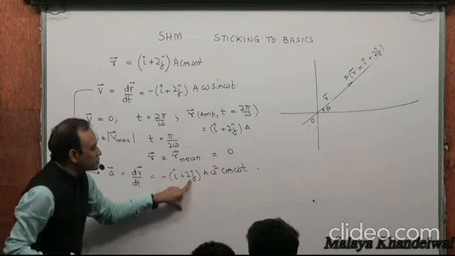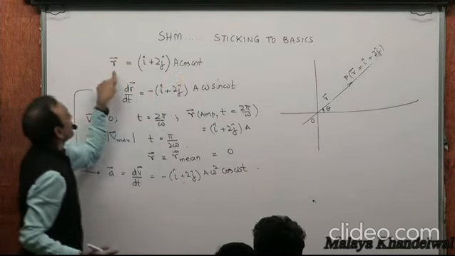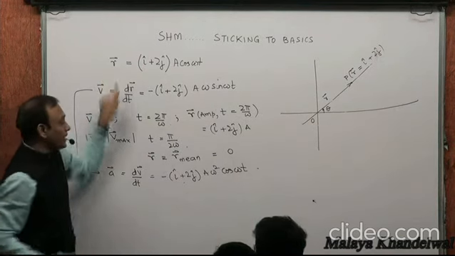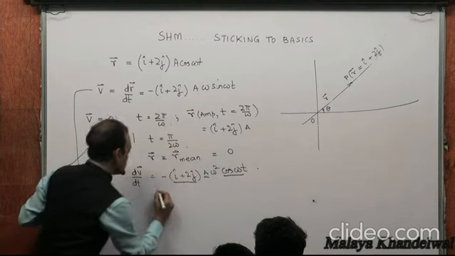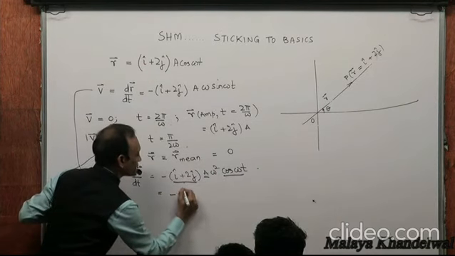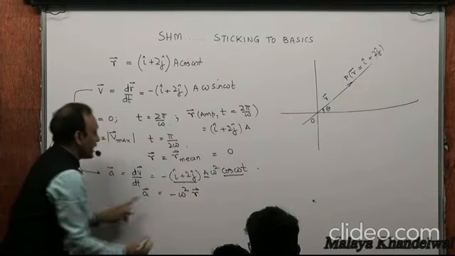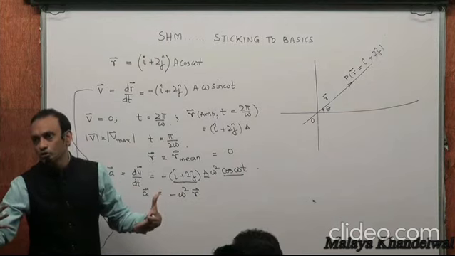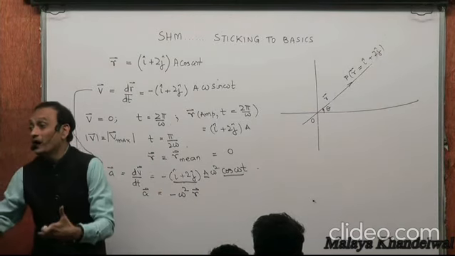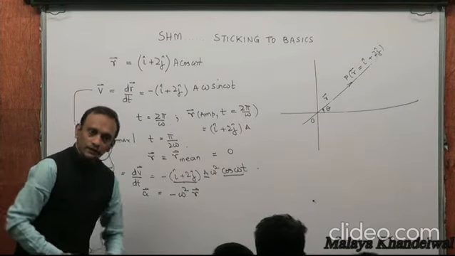And (i cap plus 2j cap) a cos omega t is the position vector r of the particle. So this will become minus omega squared into the position vector r. So acceleration and position vector are related this way. This must be simple harmonic motion of angular frequency omega with mean position being the origin. Yes or no? Right?